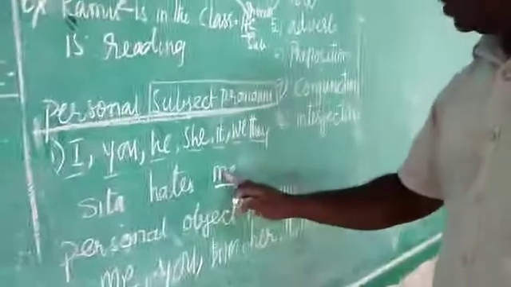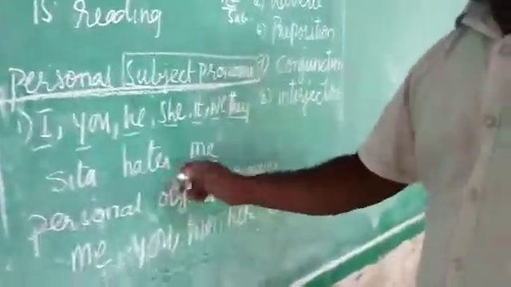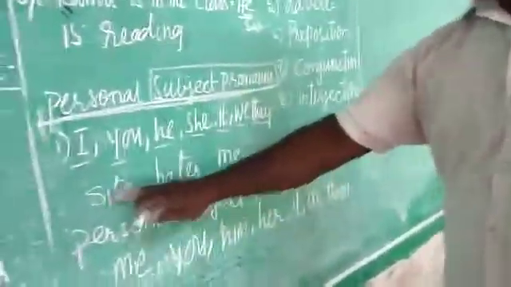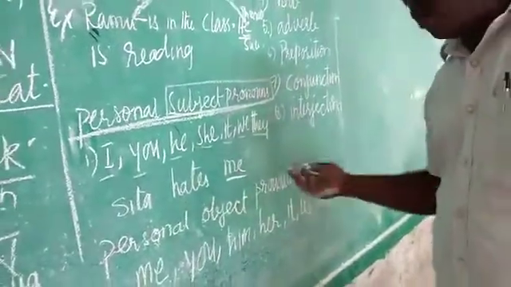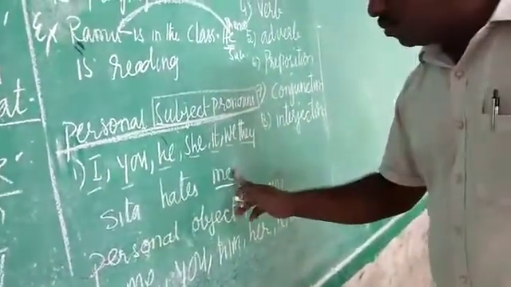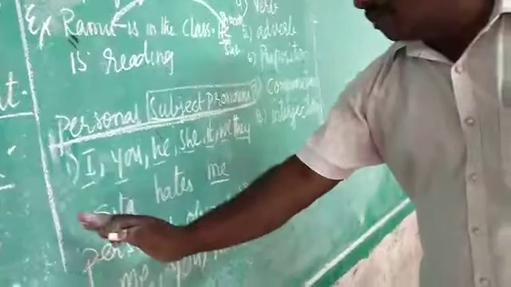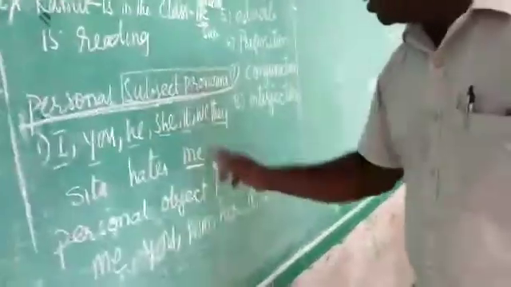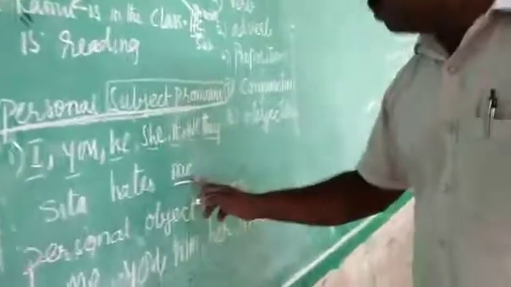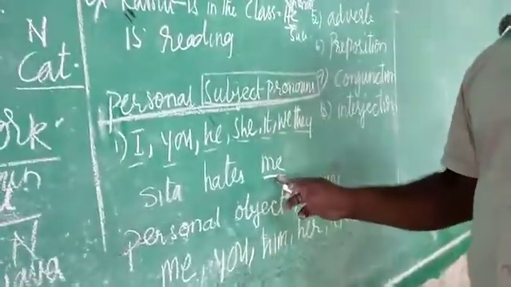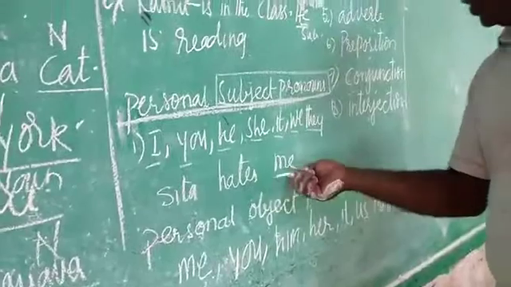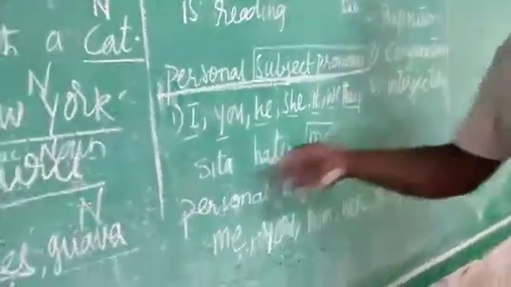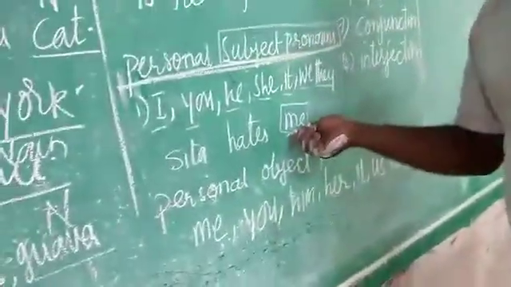Next one, we have another example. Sita hates me. Here Sita is a different person, and me is another person. They both are not related. Sita is a separate noun and me is another person. If you take me at the end as a pronoun, it is called an object pronoun, children. It is at the end of the sentence.